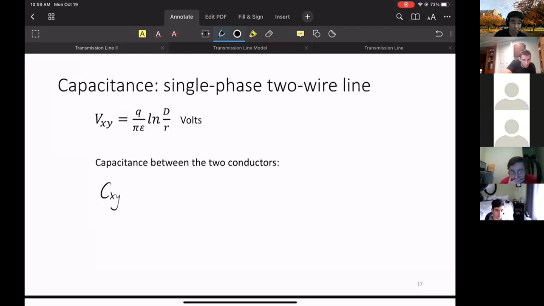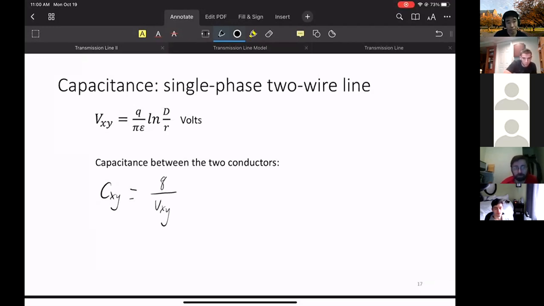So you look at this equation. All the numbers I can calculate: pi I know, epsilon is a constant I can look up. D and R are the parameters. C is Q over V, so here what we have is Q over Vxy. I need to divide the charge out of it, which is nice because we don't know what charge is.